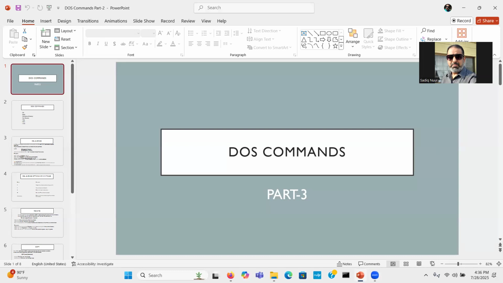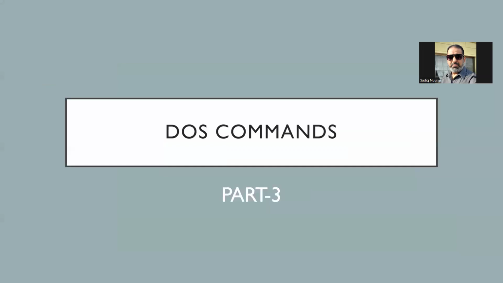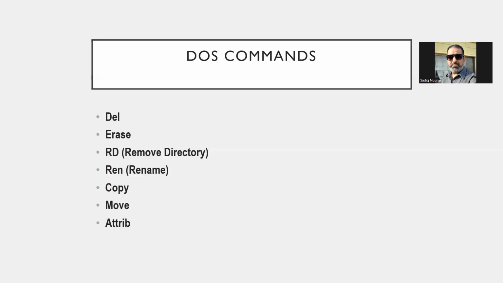So here is my PowerPoint. This is going to be our DOS commands part 3. The commands I will demonstrate are delete, erase, and RD to remove any directory from your flash drive or hard drive.